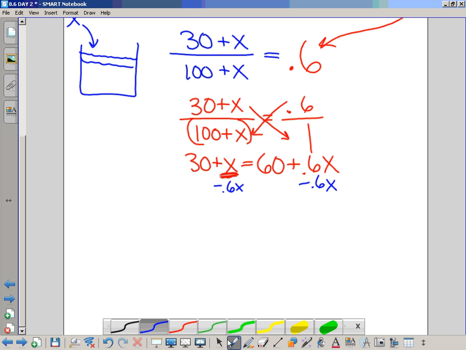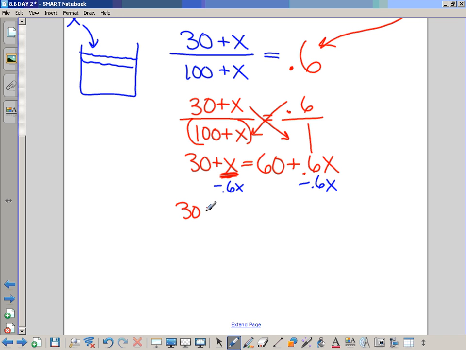We have 30 now on the left, plus 1 whole X minus 0.6X is 0.4X, equals 60. Now that the 0.4X is over on the left, it's going to kick out the 30 from that side. We're trying to get the 0.4X alone.